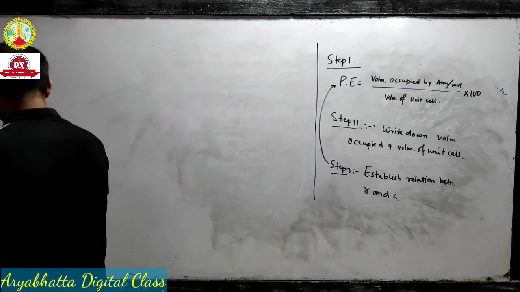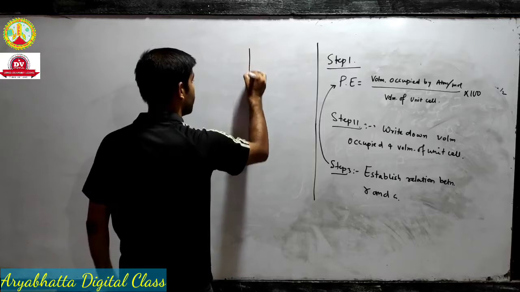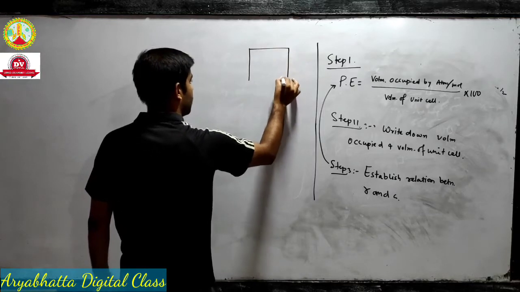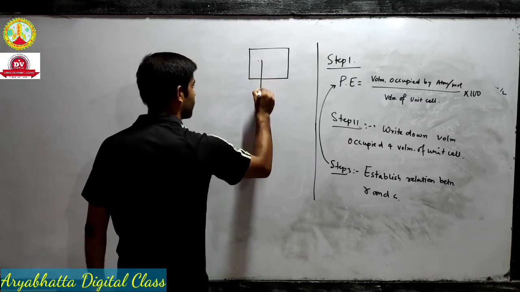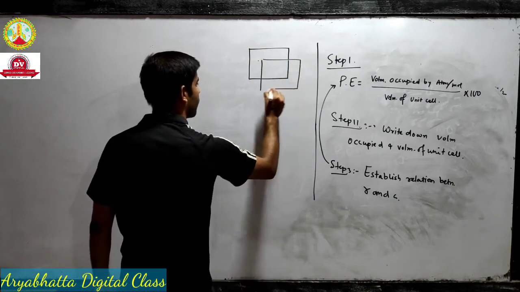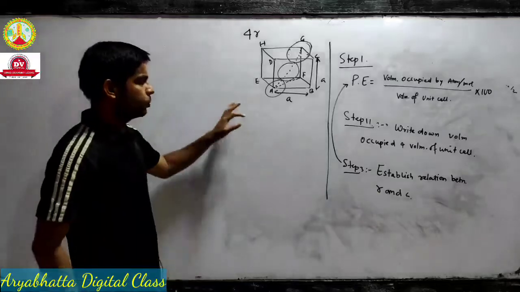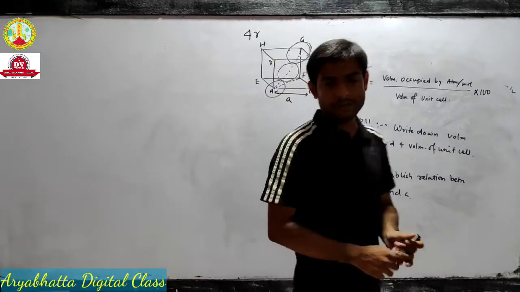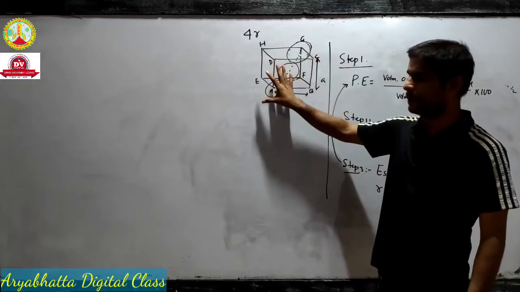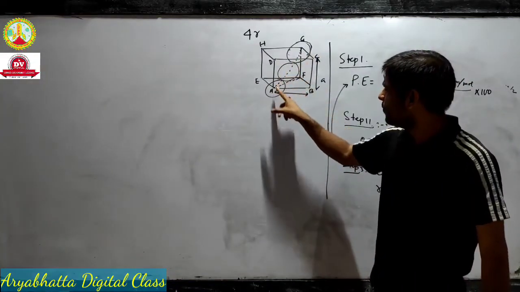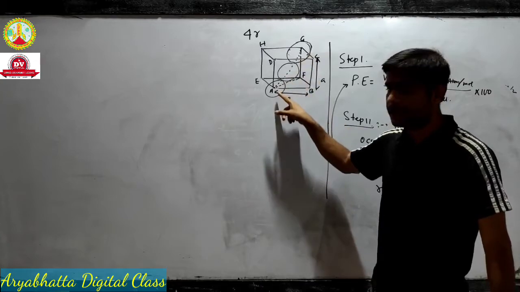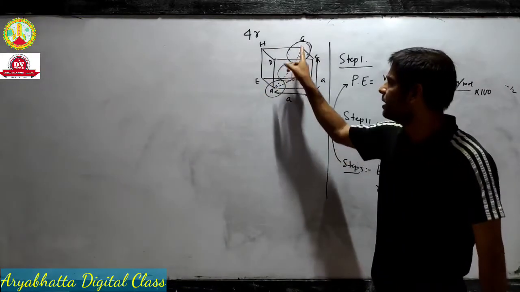To do that, let's start with the drawing. I will explain this geometrical arrangement of the body-centered cubic lattice. I have named the front face ABCD and the back face EFGH.